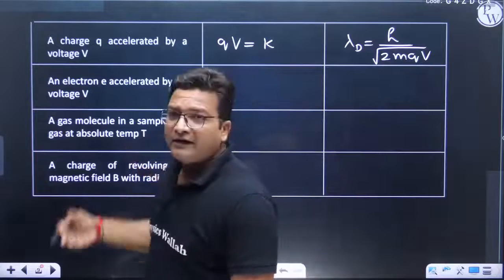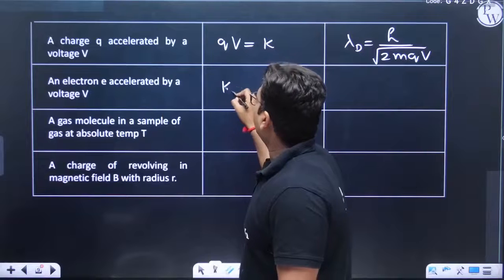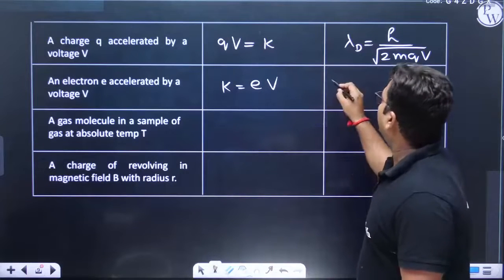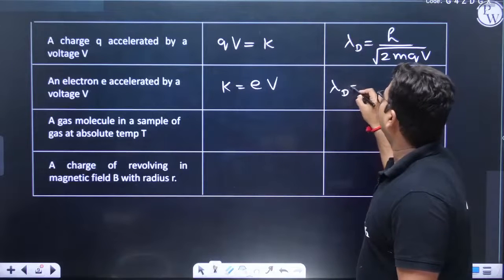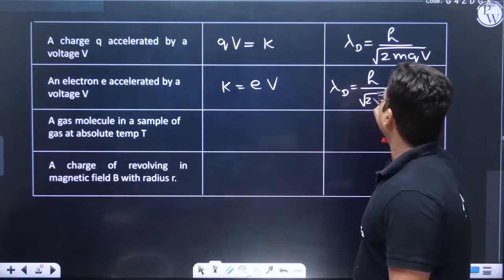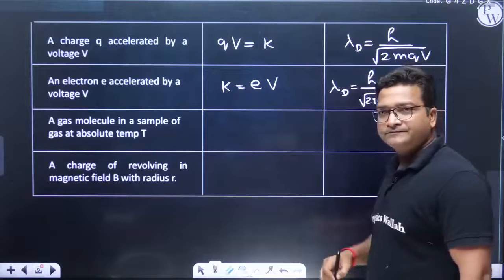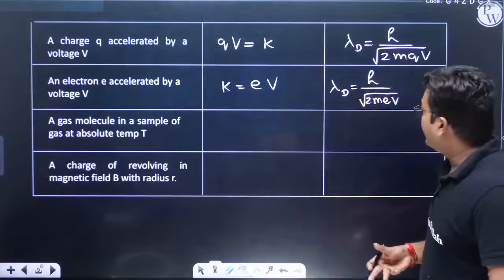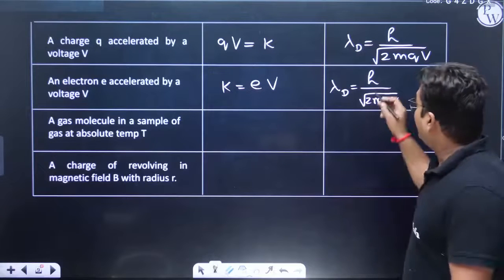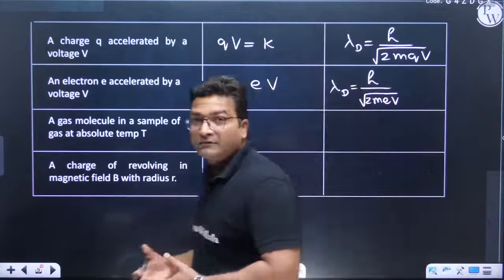If we have an electron in place of that charge q, obviously the kinetic energy becomes e times V, and lambda d becomes h divided by the square root of 2 times mass of electron, charge of electron, and voltage. If we have an electron, we know the mass of electron, the charge of electron, and the Planck constant, only the voltage will be unknown and given in the problem.